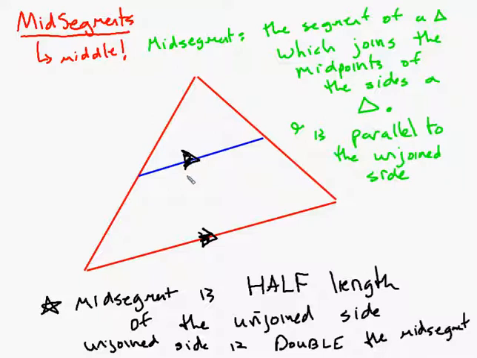Just because it's parallel, like, look, see this is parallel also, but it's not a mid-segment. So the thing that has to be marked is that those are equal and those are equal. That's the only way I know for sure I have a mid-segment. Being parallel is a consequence of that. So yes, to answer your question, even if it's not marked, if it's a mid-segment, it's parallel.